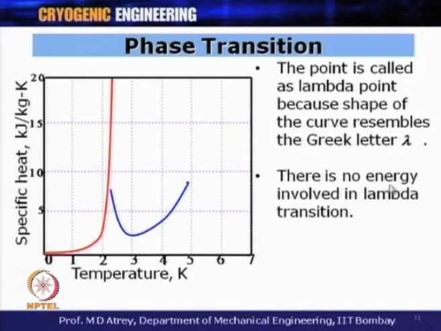Sometimes there is no energy involved in this lambda transition. As I said in the earlier case, in the first order transition, what you had was a latent heat conversion. We had gas to liquid conversion, liquid to solid conversion, or solid to liquid or liquid to gas, where latent heat is given in or taken out. So, there was addition or removal of heat involved.